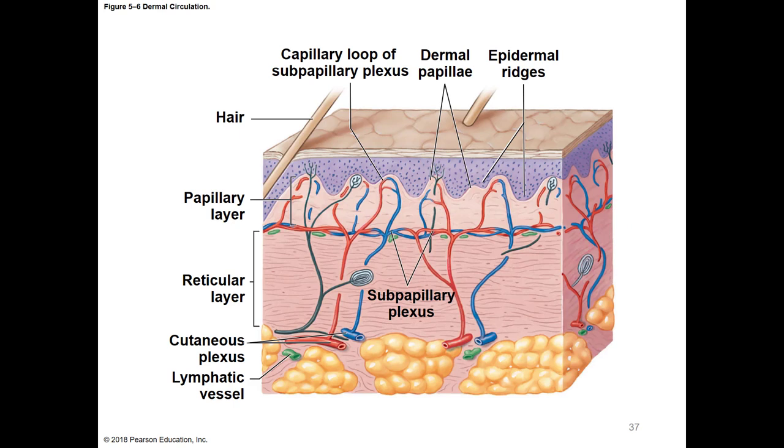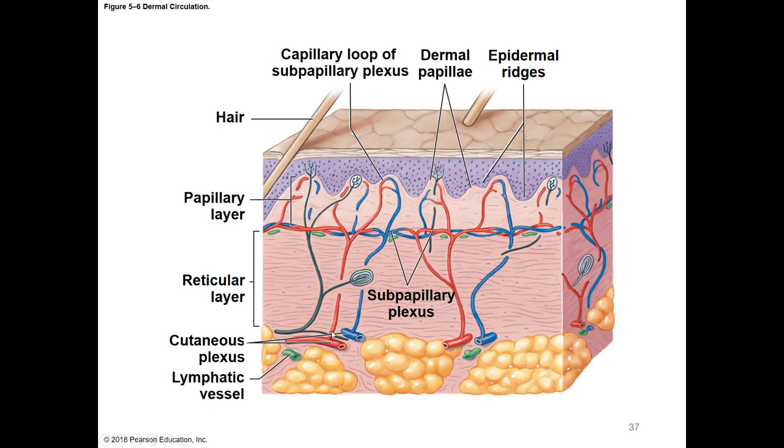Here's a picture that shows us the blood vessels in the dermis and the two plexuses that we brought up. Deep, we have the cutaneous plexus, and these are large vessels down deep, which makes sense. We want large vessels as far away from the surface as we can so that if we get cut, we don't cut through those.